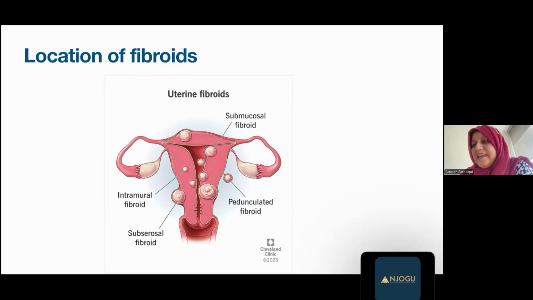And so it may not cause you heavy bleeding or painful bleeding, especially if it's small. However, if it's big, it can cause pulling of the uterus towards that side. So what you see down there is the cervix, and right below the subserosal fibroid is the cervix and the opening into your vagina.